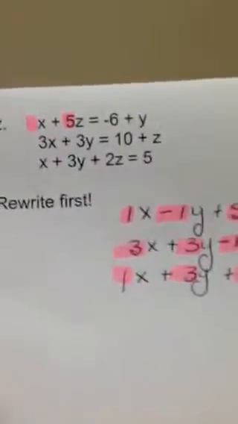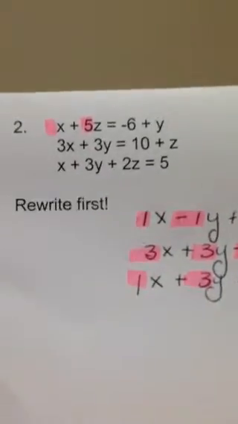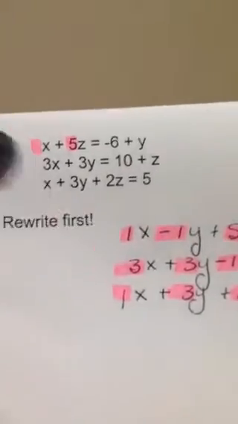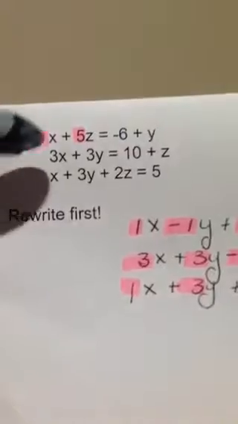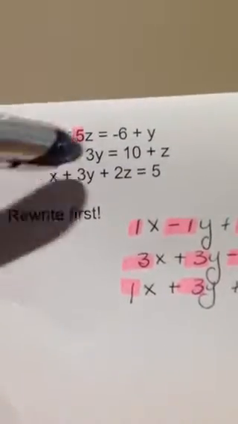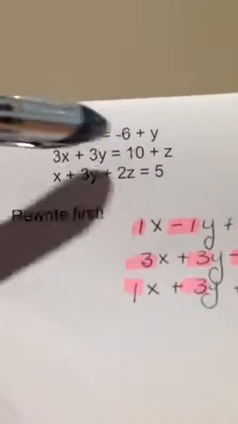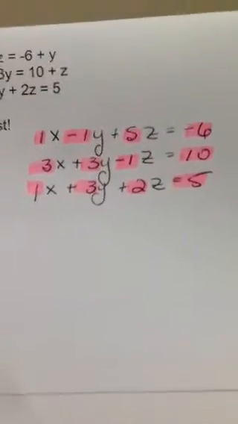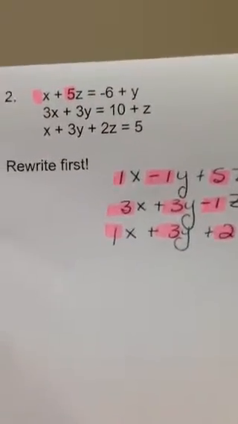Now if you run into anything like this equation, you're going to need to rewrite it first. You're going to need to get x, move this y over, so you have x, y, z on the left of the equal sign, and just your answers on the right. So you would set it up like this, and if you want to take a minute to write that down.